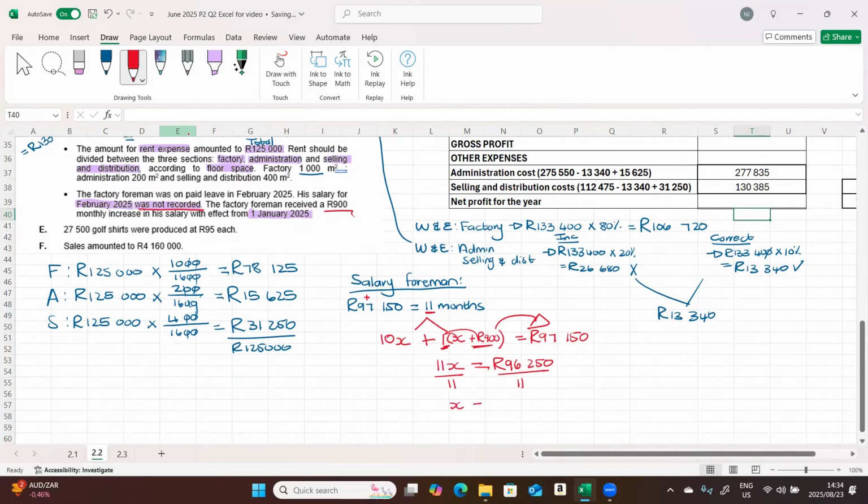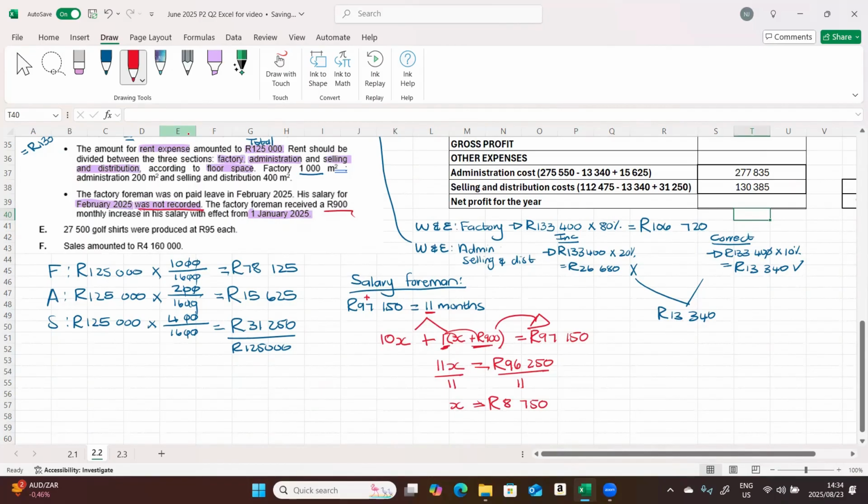And remember, when we get the answer for x, that is his monthly salary, 8,750. That is his monthly salary, guys, without the increase. That's always what plain x is.